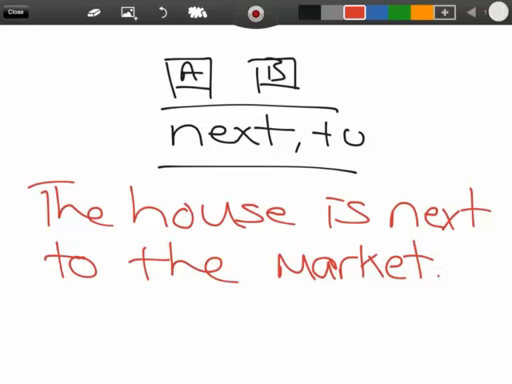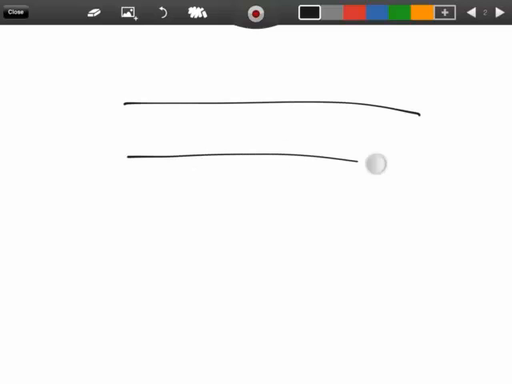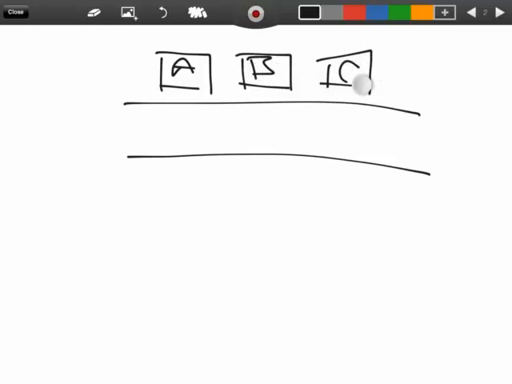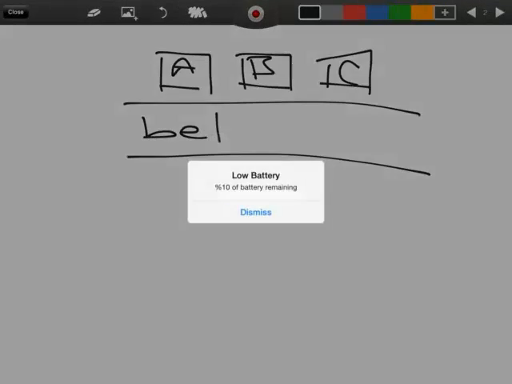Now, moving on to our next part is between. I remember giving you a figure like this. Let me go ahead and draw this out for you. And this meant between.